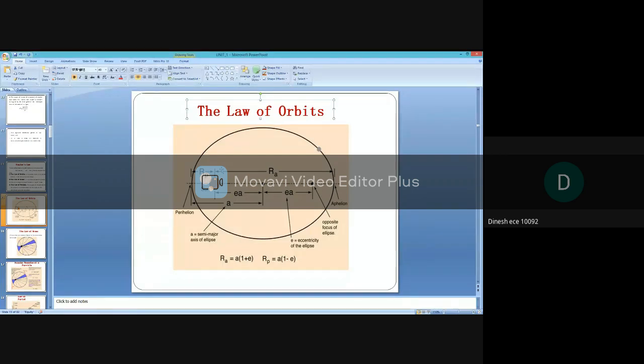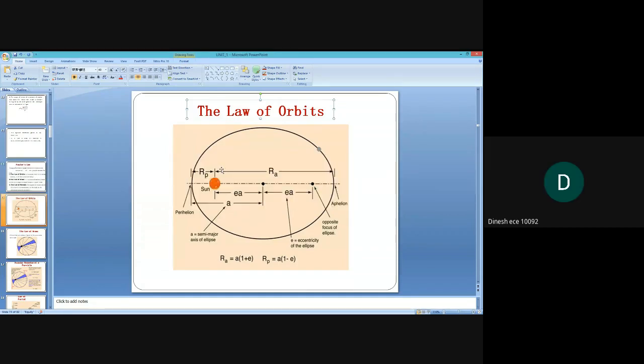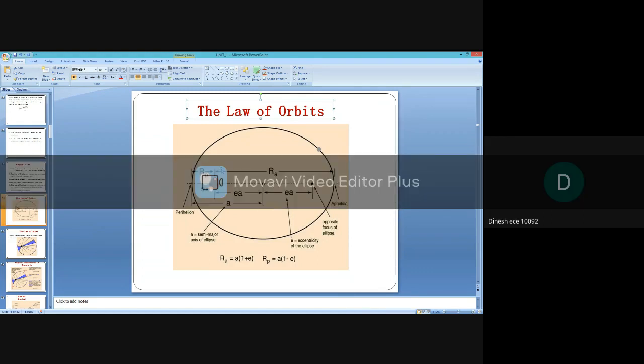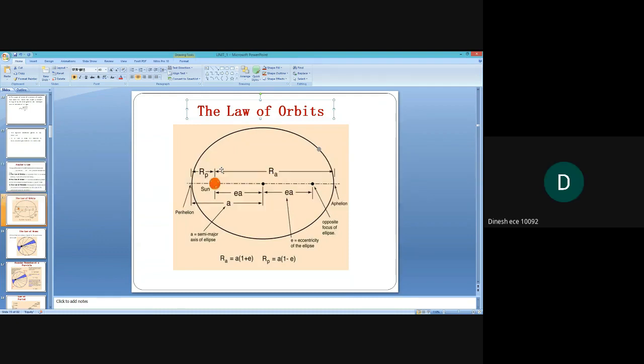The distance from the center of the ellipse to the outer point is the semi-major axis of the ellipse, called A. The distance from the center of the ellipse to the point of the sun is measured as E times A, eA. This eA is the distance to the opposite focus of the ellipse.